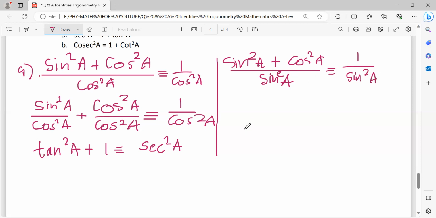Then after that, sine over sine. Sine A squared plus cos over sine squared.